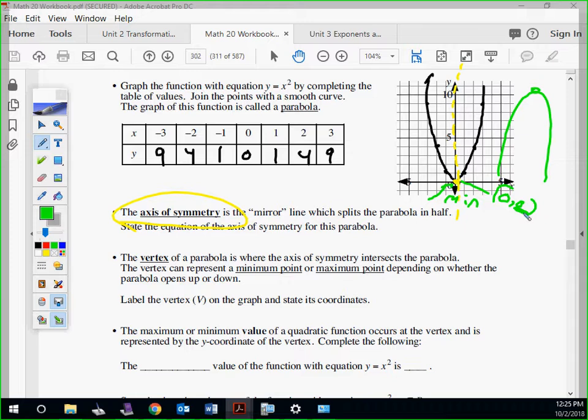So what this says is the blank value of the function with the equation y equals x squared is the minimum value. The min value of a function with the equation x squared is 0 for this one.